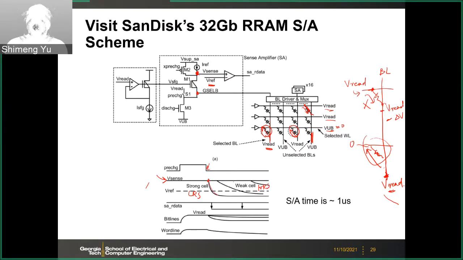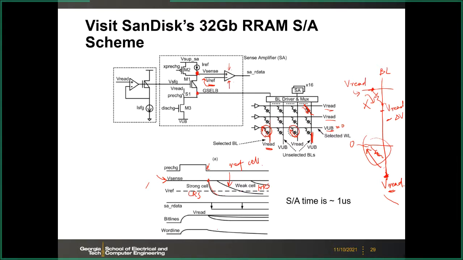So then the decay rate will be different. And in the middle, you can have some reference cell, which you could program to be halfway between the high and the low resistance. Then this can be the ref cell, and this ref cell can be attached as the VREF. So then here, you will enable the sense amp. Here there must be an enable signal to compare your bitline voltage with this reference after certain delta t.